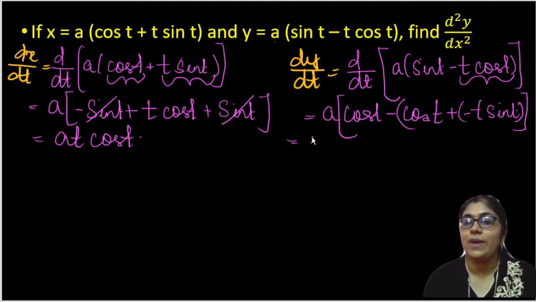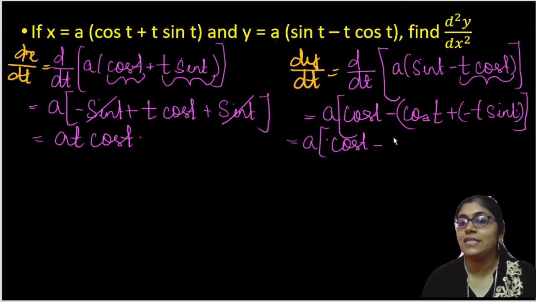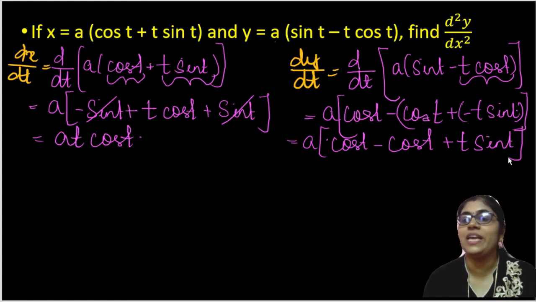So this is equal to a times cos t minus cos t plus t sin t. So we can cancel cos t here. So this is equal to a t sin t.